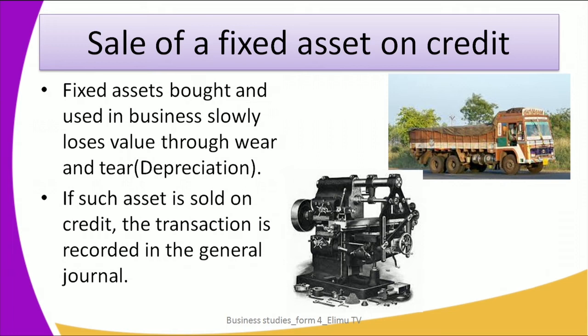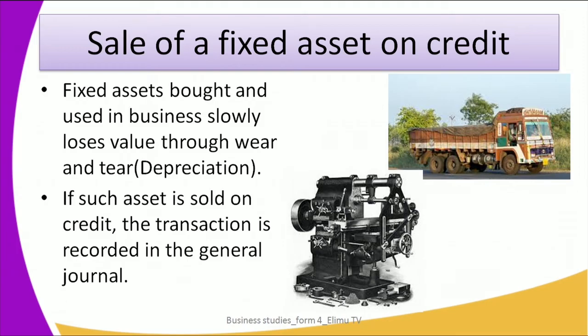If such an asset is sold on credit, that transaction is recorded in the journal. I'm saying if such an asset that is already old and no longer useful for the business is sold on credit, that transaction is recorded in the journal. You may have a lorry that was used for transportation of goods to various destinations.